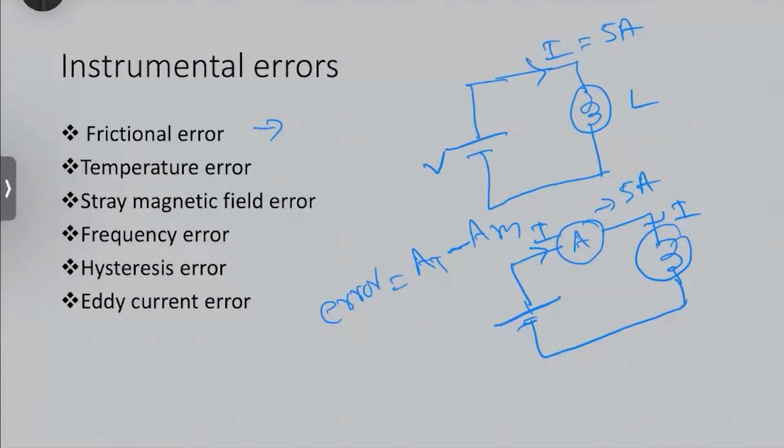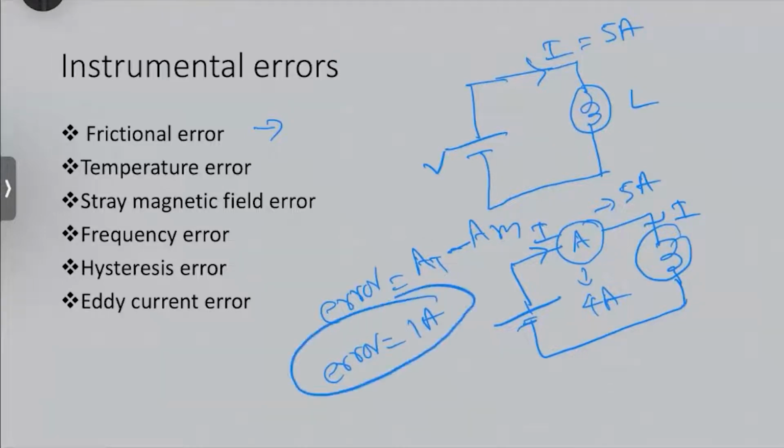But because of some losses occurring, some amount of energy is wasted in the meter, so what is going to happen? This ammeter will show 4 amps only. In a practical condition, this ammeter is going to show 4 amps only. So how much error will we get? The error will be 1 ampere.